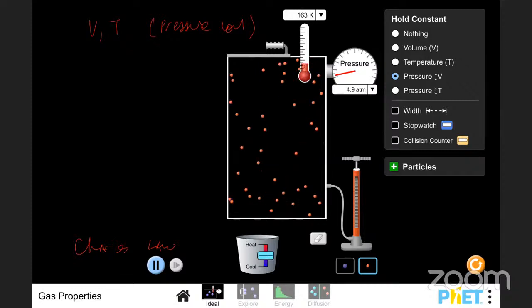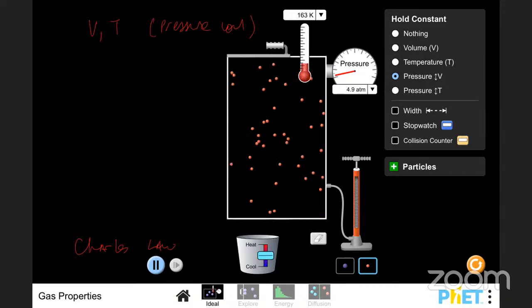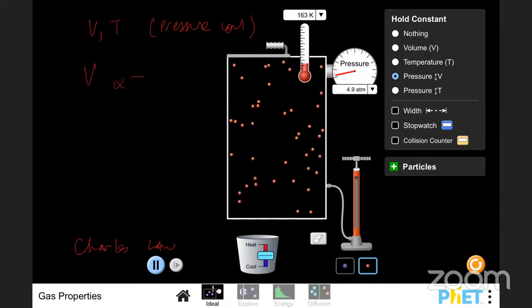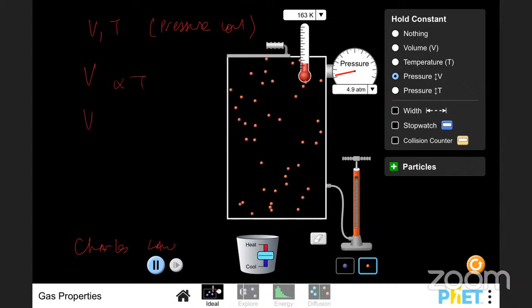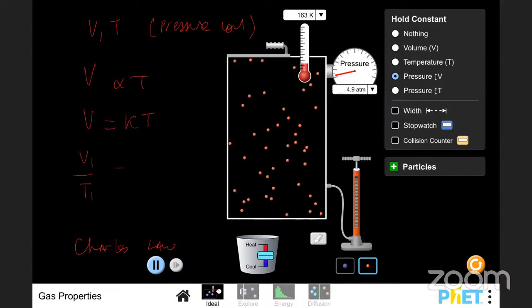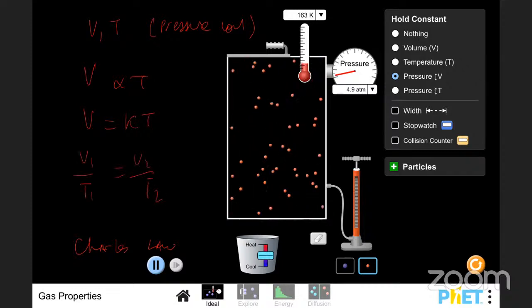So what does that say about volume and temperature? They are directly related. So the formula is V equals kT, V1/T1 equals V2/T2.